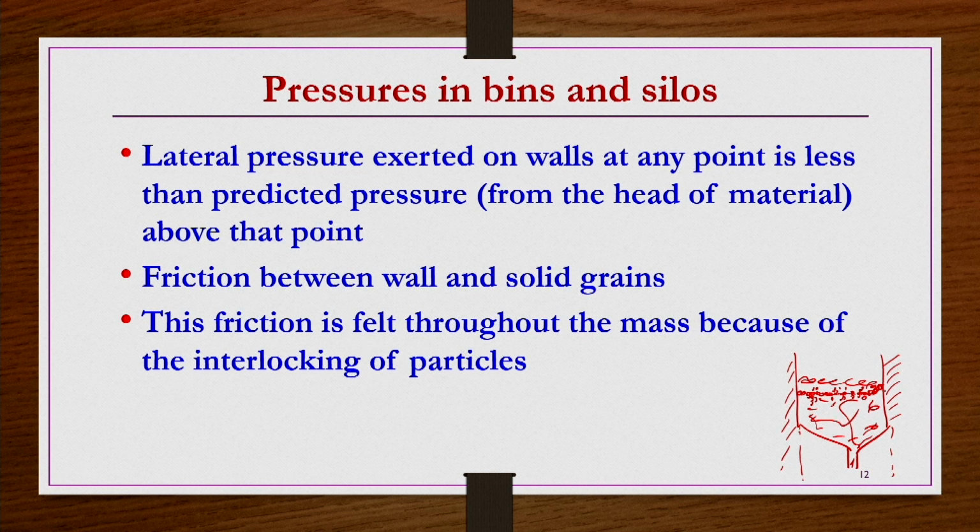So, the friction that the solid particles experience at the wall is also felt throughout the material because of this interlocking. It is not only the layer of material near the container that experiences the friction. Because of the interlocking, the material in the other areas also experiences it.